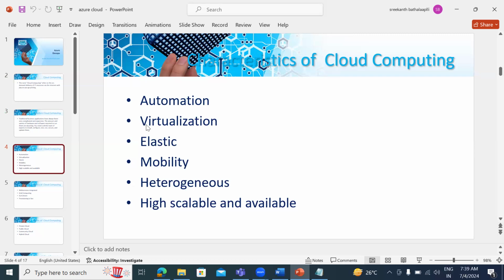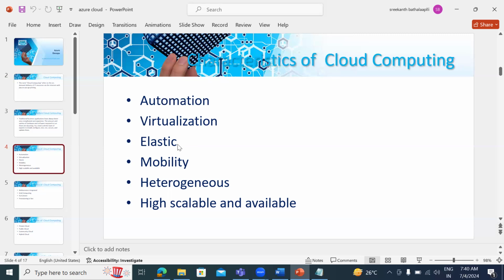And everything is virtualized. In the cloud data centers, mostly the physical resources are virtualized, and those virtual resources we are getting. Then what is elastic? Say you want more resources, we can stretch it.